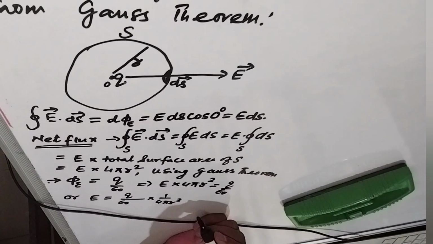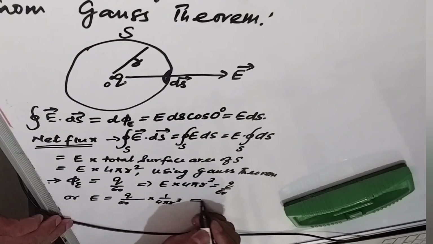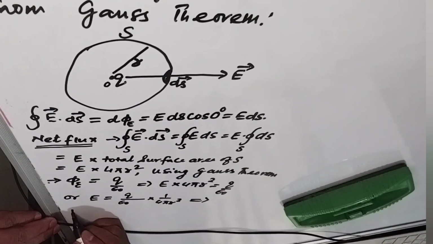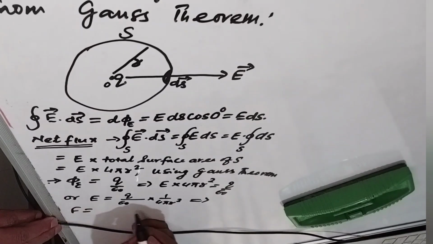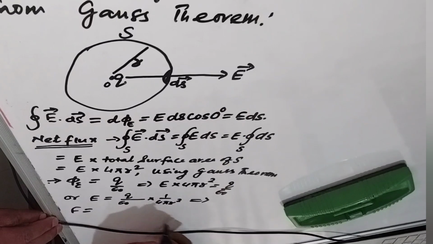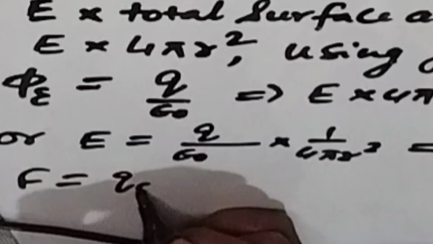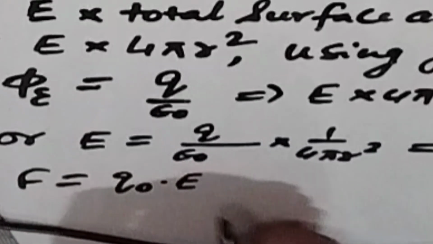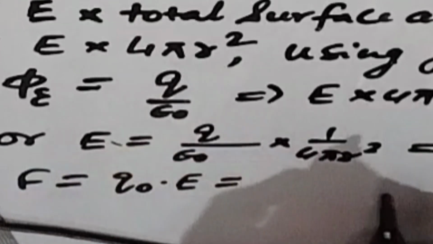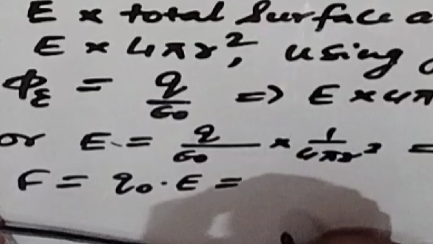That means the force on the point charge q0 would be equal to q0 into E, as E is now q upon 4 pi epsilon naught r square.